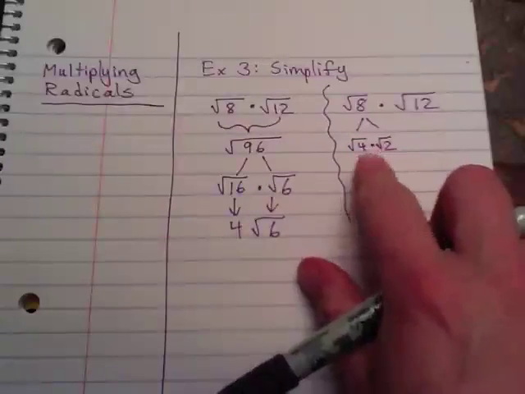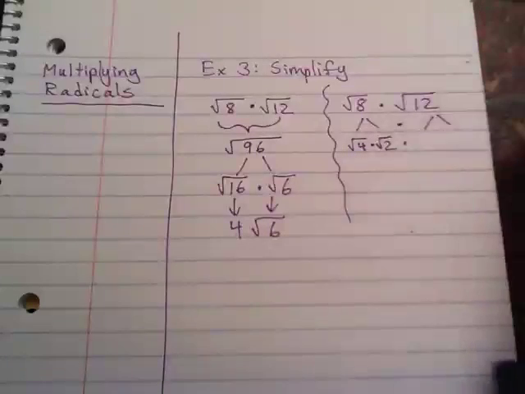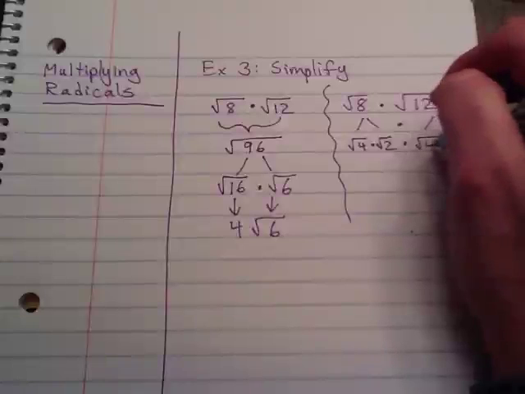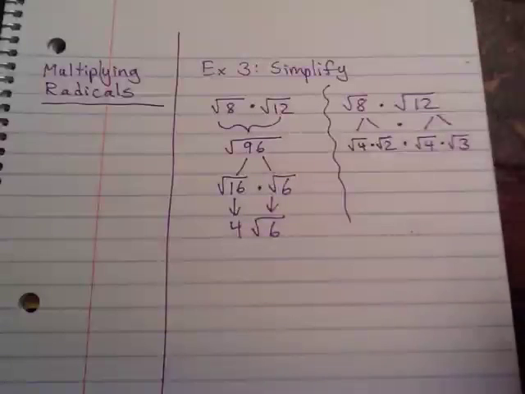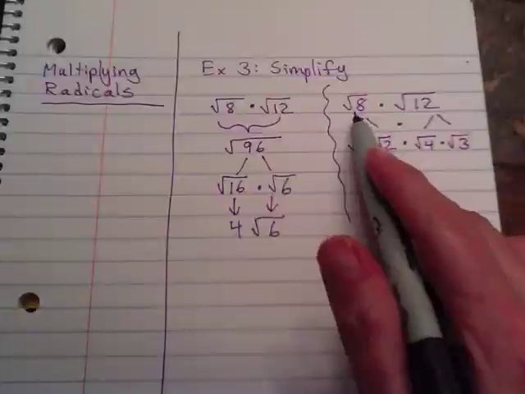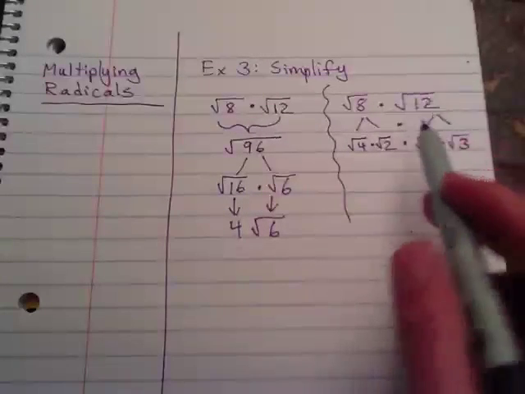That's still the square root of 8 if I was to multiply it. And then I'm also going to break down 12. So a perfect square factor that goes into 12 is 4. 4 times 3. So now I have the square root of 4 times the square root of 2, which gives me the square root of 8, and the square root of 4 times the square root of 3, which gives me the square root of 12.